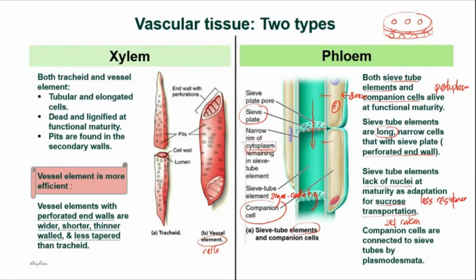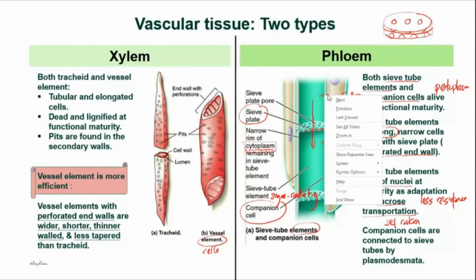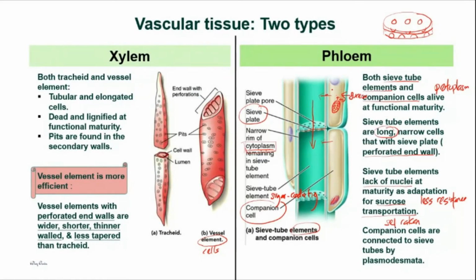Sebenarnya dibantu oleh companion cells. Sebab companion cells dia ada mitochondria yang boleh hasilkan tenaga untuk mengangkut sucrose dari mesophyll cell ke dalam dia punya cytoplasm, lepas tu pass kepada sieve tube element.